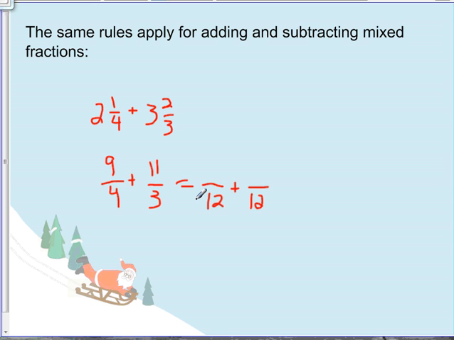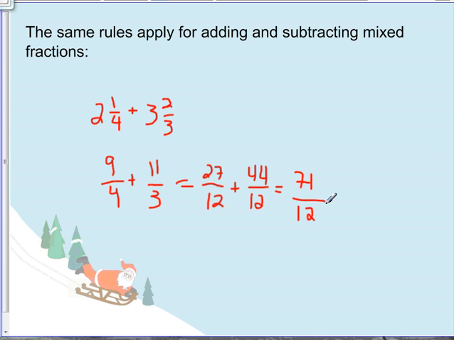So 4 times what equals 12? 3. 9 times 3 is 27. 3 times what equals 12? 4. 11 times 4 is 44. Add those two top numbers together, and you're going to get 71 over 12.